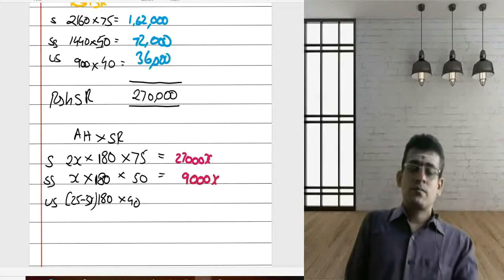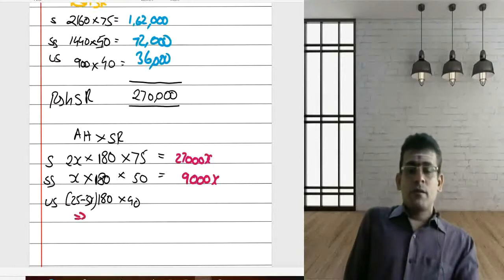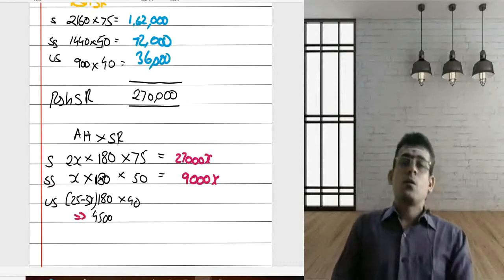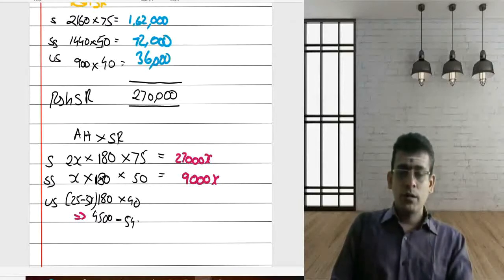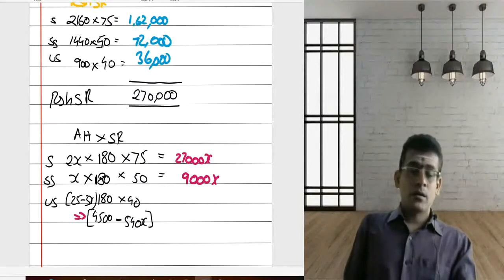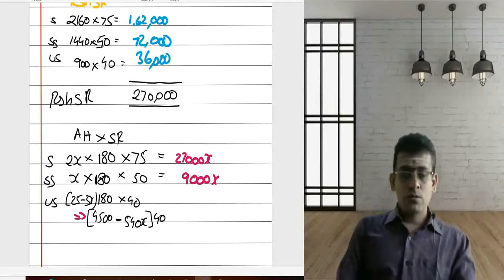Now let us further simplify. 25 into 180 will be 4,500. 180 into 3x is giving you 540x. So ultimately this entire thing is nothing but the number of hours, which has to be multiplied by your standard rate. 4,500, how are you getting 4,500? 25 into 180.